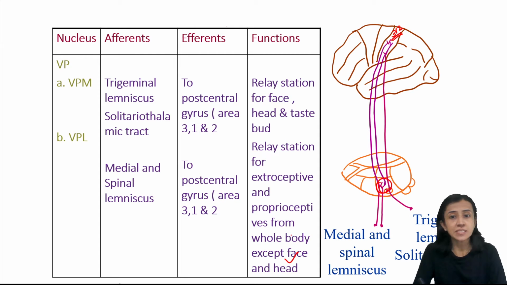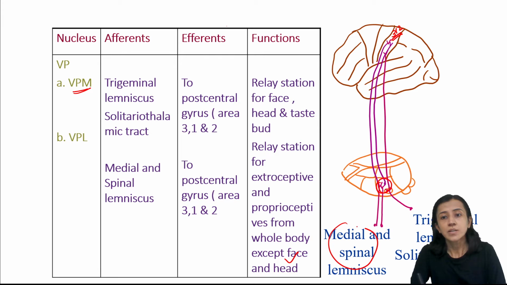Impulses from the face and head are transmitted through the ventral posteromedial nucleus. Here you can see the medial and spinal lemniscus from all the body. Another is the trigeminal lemniscus, and the solitary tract, solitary nucleus, in the medulla.